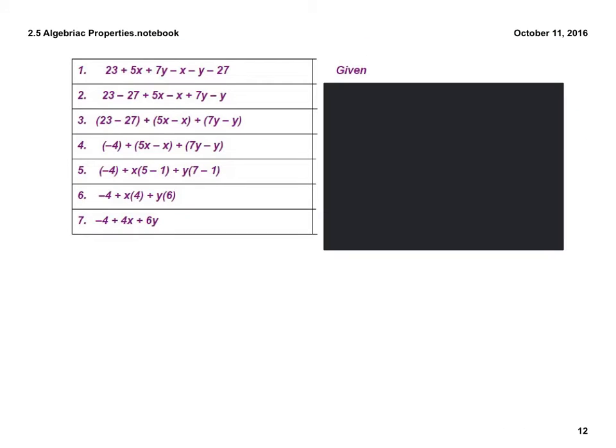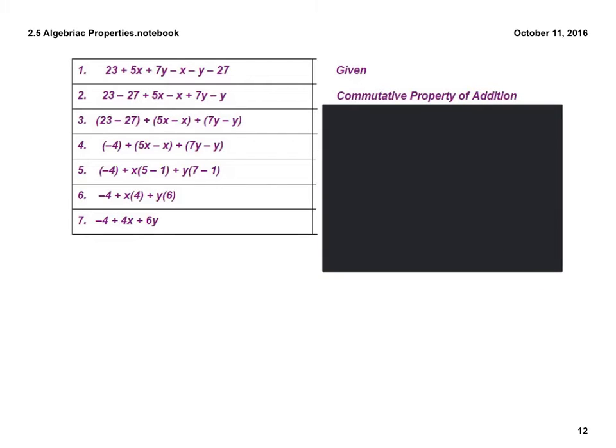So these last two have a few more steps than we just saw. I'd like you to pause the video and try to justify each one of these. So this first step that we did is the commutative property of addition. Because we have changed the order of the terms in this problem so that the like terms are by each other.